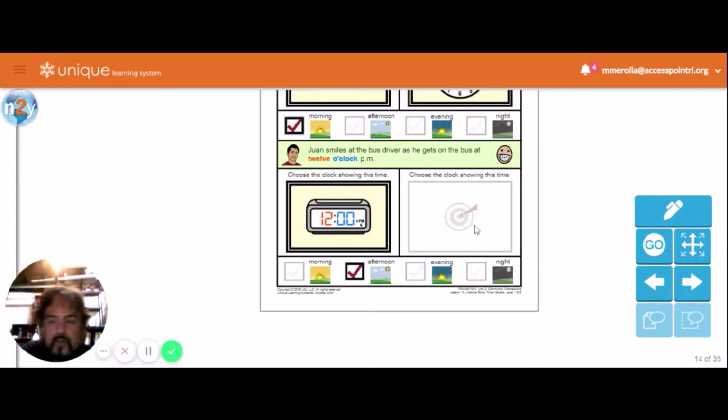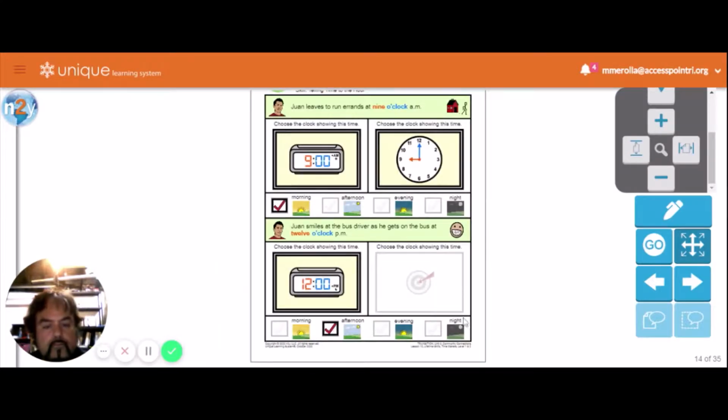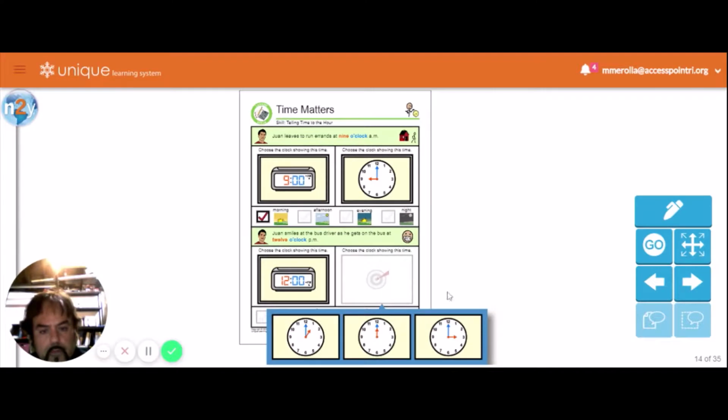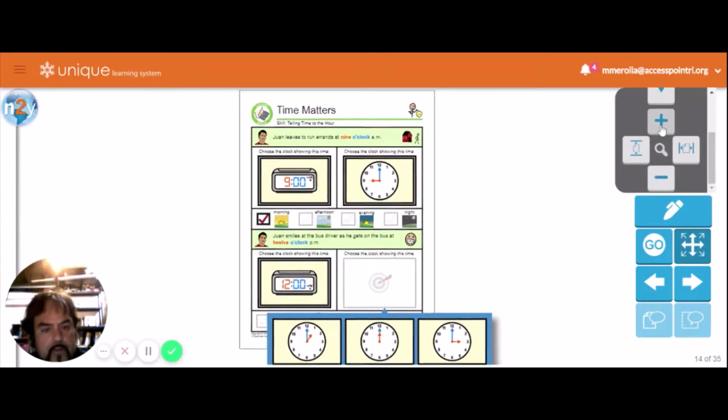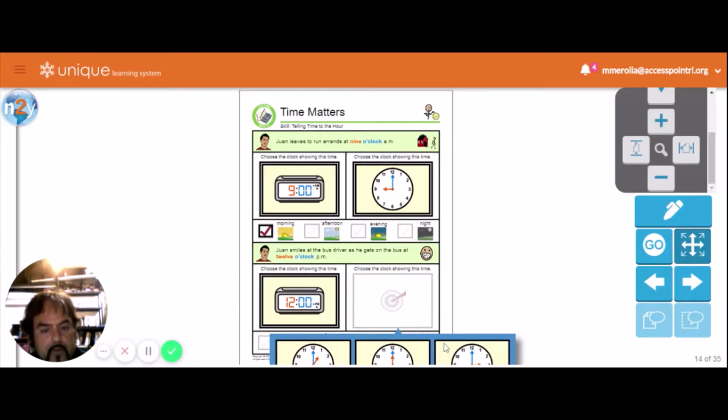All right, so let's choose the analog clock showing 12 o'clock p.m. Okay, I just love the way this zooms out. This program just seems to be able to do that.